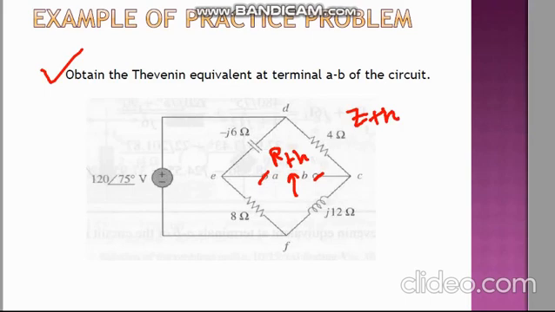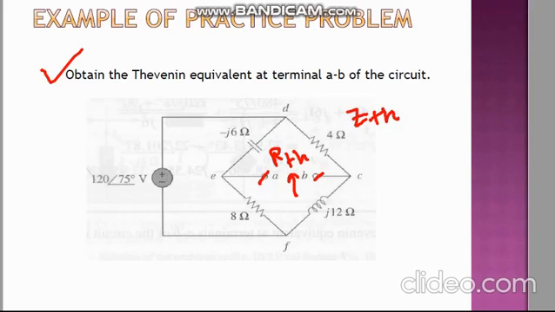Did you understand? Equivalent resistance of the total circuit. The rules of superposition theorem and Thevenin are quite equal, but the applications are different. Keep in mind, if there is ZL or RL, that means load resistance or load reactance, it has to be removed.